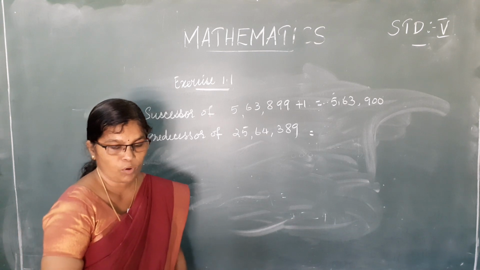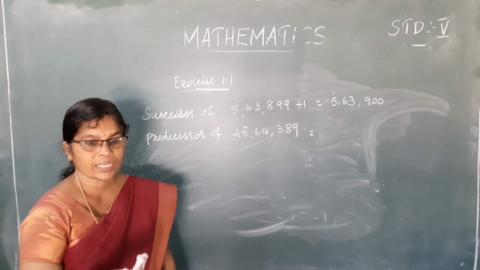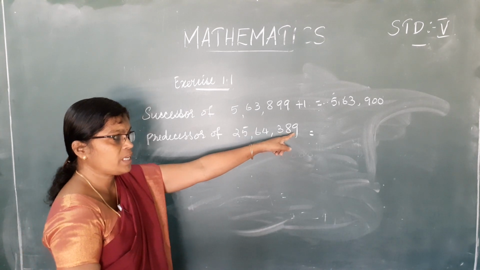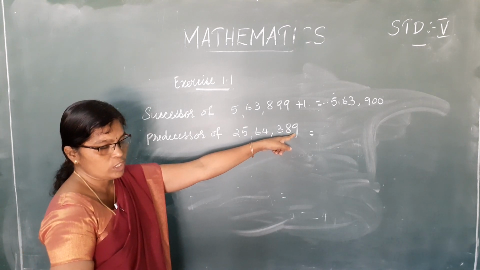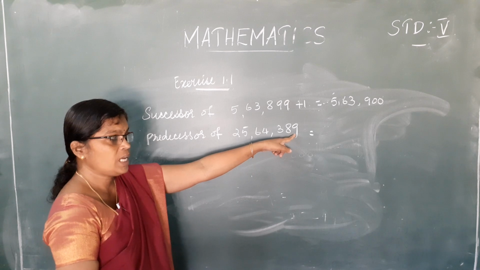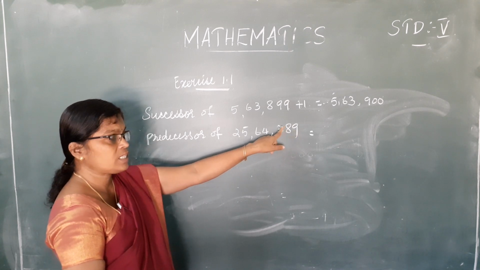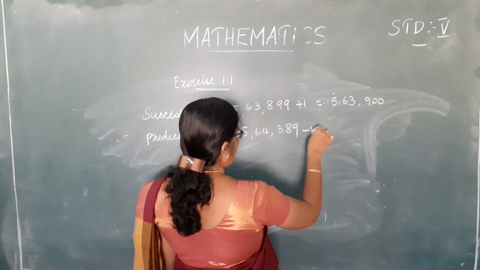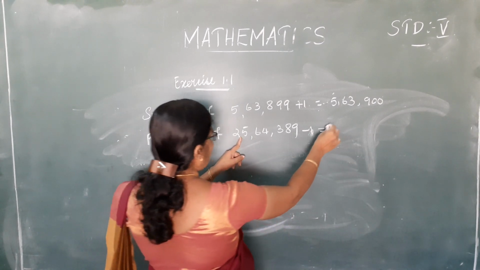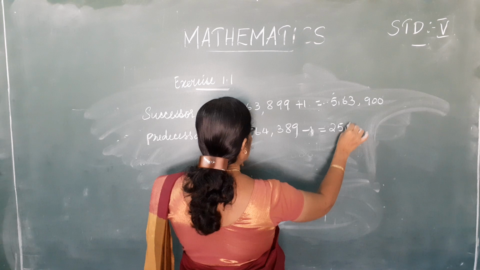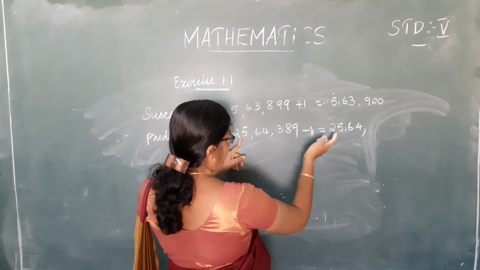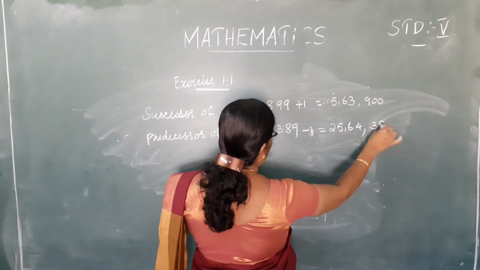Now we have to write the predecessor. To get the predecessor, what do we have to do? We have to subtract 1 from the given number. In the ones place only there will be a change. 9 minus 1 you get 8. So for 25,64,389, the 9 will become 8, that is 25,64,388.